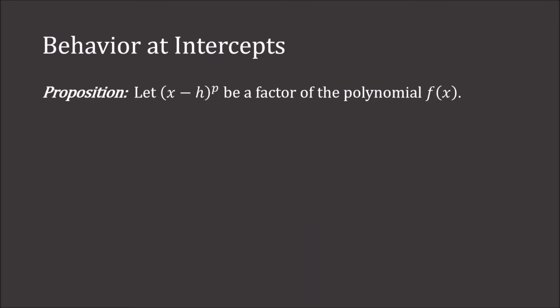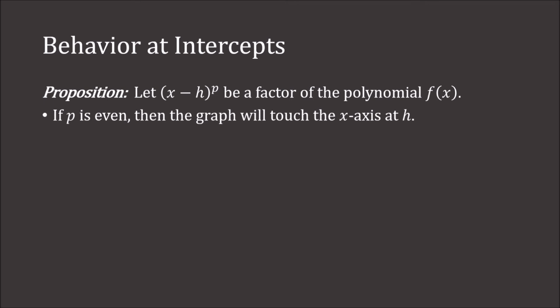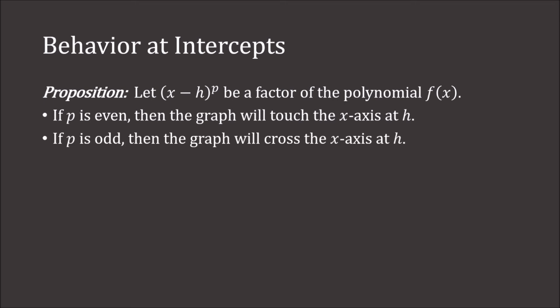So let x minus h to the p be a factor of the polynomial f of x. If p is even, the graph will touch the x-axis at h. If p is odd, then the graph will cross the x-axis at h.